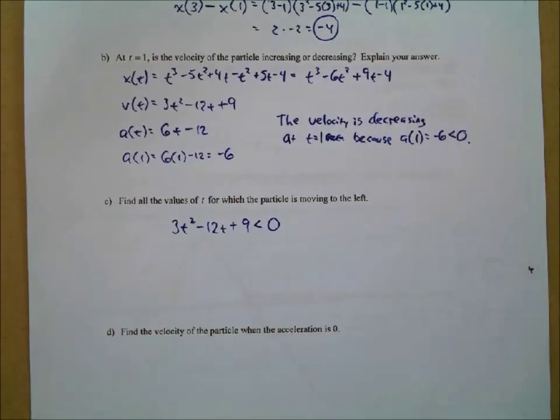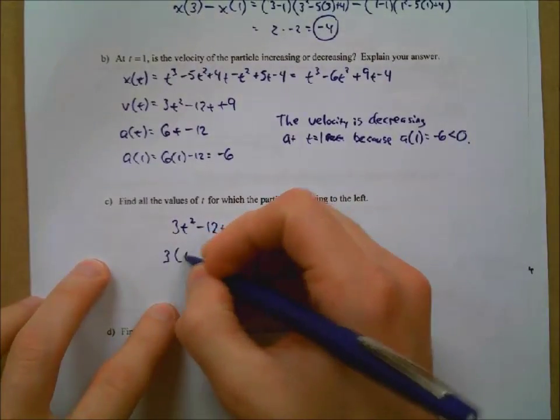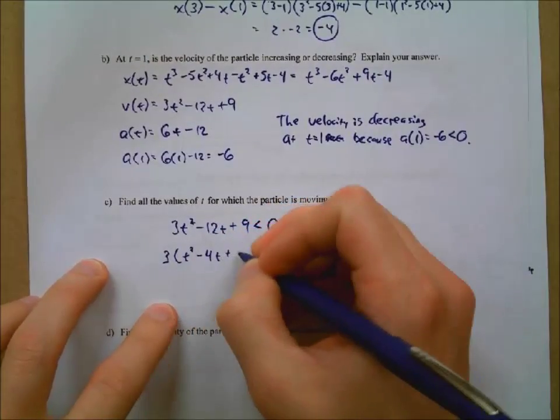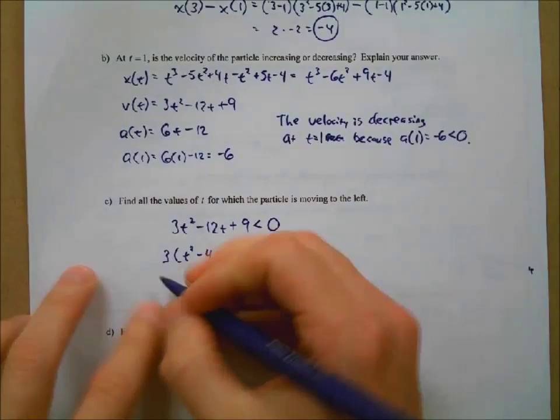Remember these? We talked about these kinds of inequalities in our prerequisite material. So what should we do from here? How do we start solving this? Factor. Let's factor out the GCF of 3 first, just to make things a little easier. Does this factor? It does.